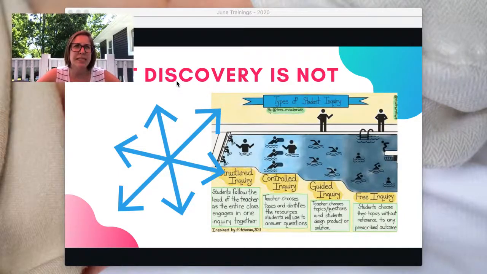The first one is that inquiry-based learning in other classes, like social studies or language arts, a lot of times means students come up with a question, then research that question by looking it up online, and then their research is done and they have the answer.